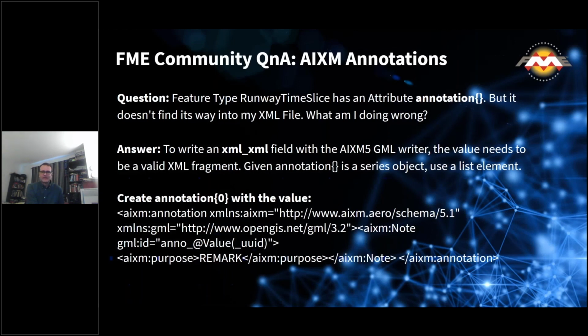And here is a good example of that annotations thing I mentioned, where somebody on the community was trying to write to annotation, but because it's a list object, they were writing to a fixed field and not a list, and so that information was being lost. So this was an example on the community where we answered that question and explained how to create an annotation property.